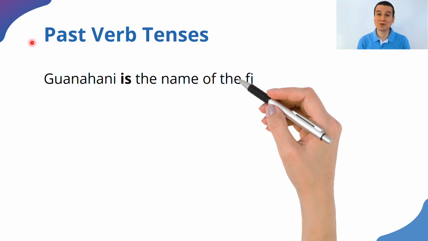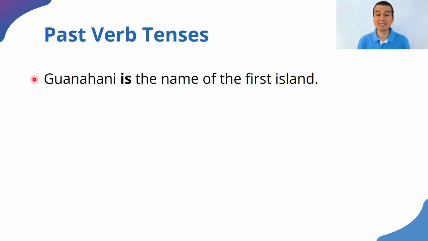The first sentence that we have there is, Guanahani is the name of the first island. Why is the name? Because that is the name that it still has or that people recognize it with. So the author chose to keep the present simple there because it is the name that they want to attach to the island even now.